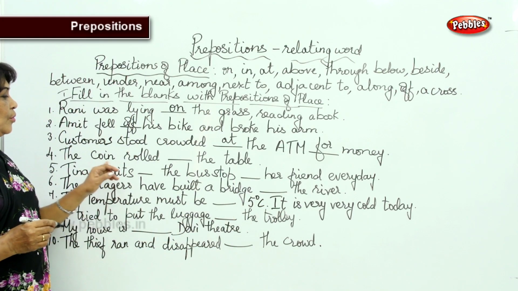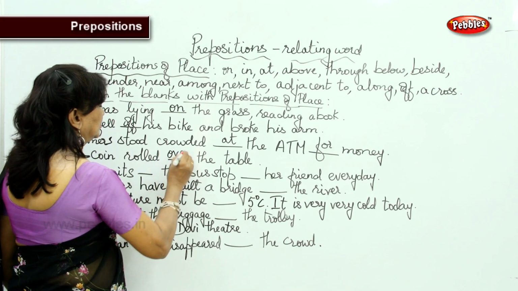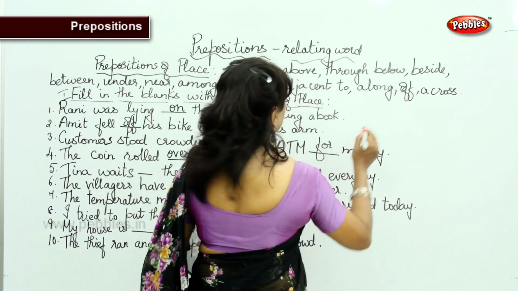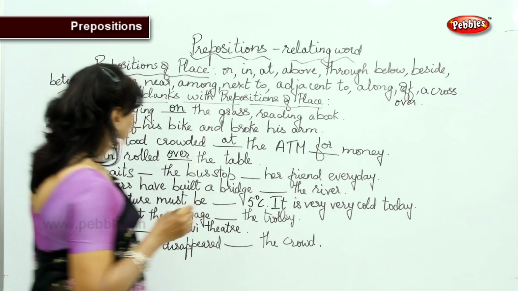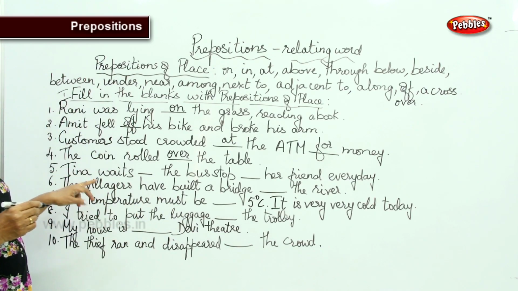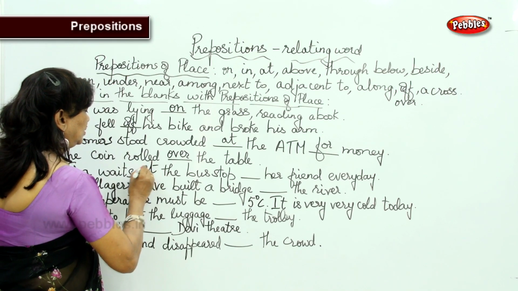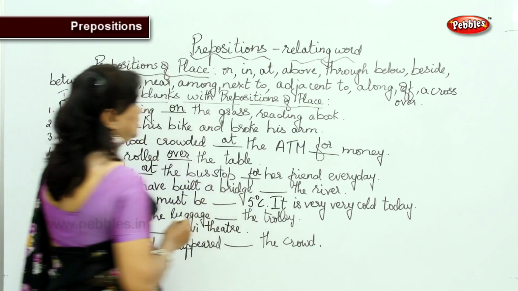The coin rolled over the table. Do we have over here? Okay. Tina waits at the bus stop for her friend every day.